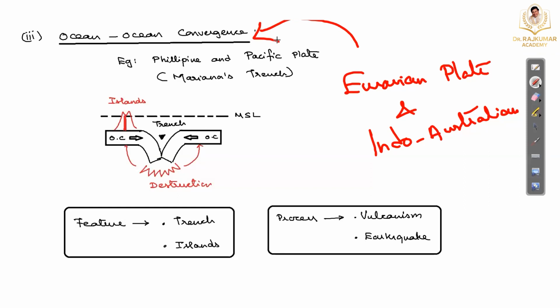Yes or no? You know where is the Eurasian plate, right? You know where is Indo-Australian plate? When they converge with each other, what type of a boundary they make? Continent-continent convergence. I'm not denying the fact. Can the same boundary, can I take it as an example of ocean-ocean convergence?